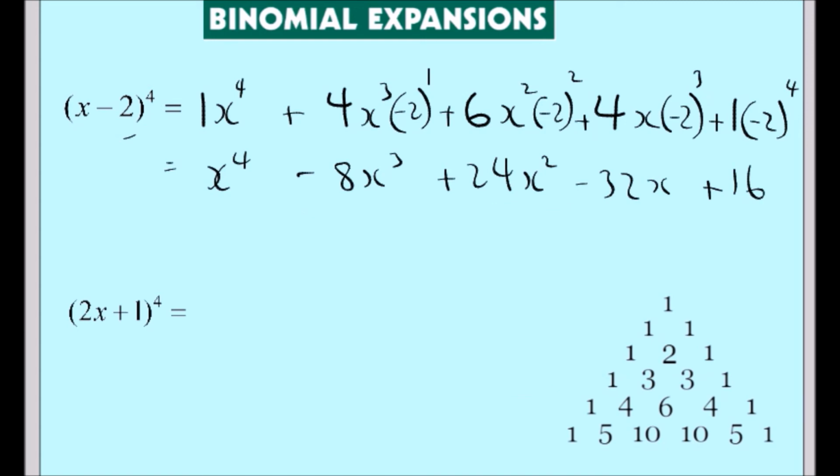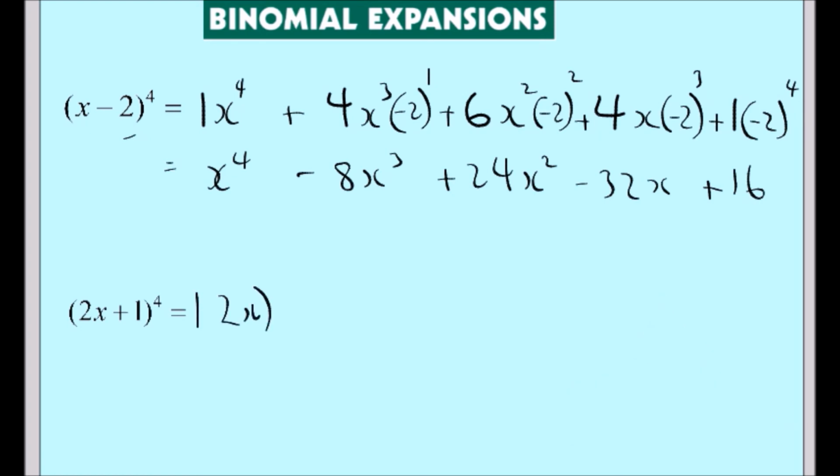And my final expansion, once again power 4, so I'm going to have those 5 coefficients at the start of each of my terms. So we've got 1 times (2x) to the power of 4, and then multiplied by 1 to the power of 0, plus 4 (2x) to the power of 3 times 1 to the power of 3. Now that 1 there, raised to any power, is always going to be 1.